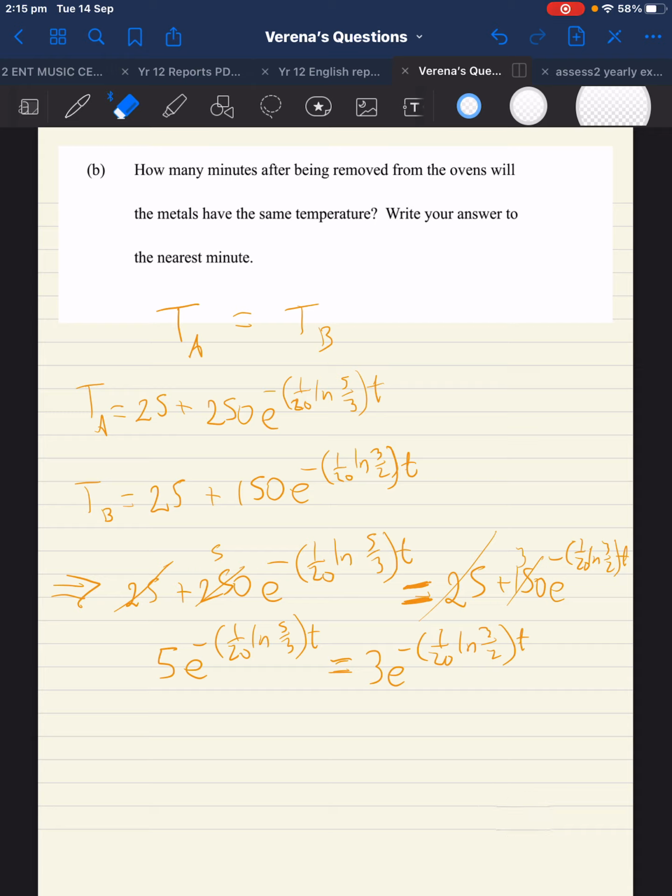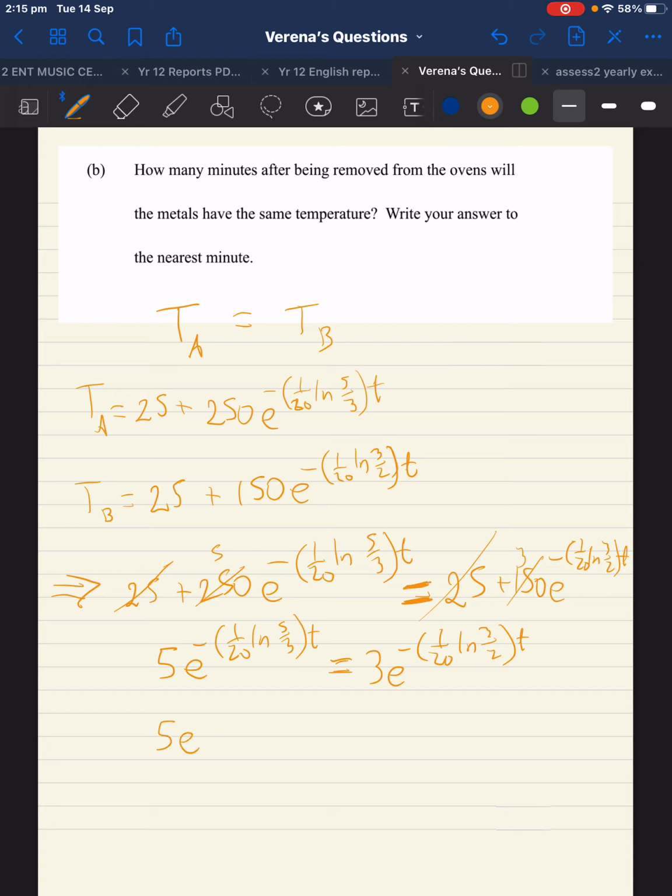And the way I'm going to do that is to move everything up the top, right? Remembering log law number 3, we've seen that already in this exam, where you've got some log, if you've got a number out the front, it can be brought in up as a power. I'm going to use that manipulation to try and get rid of everything out of the way, so the exponentials and the logs will cancel each other, if that makes sense.